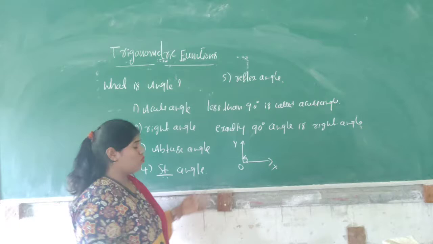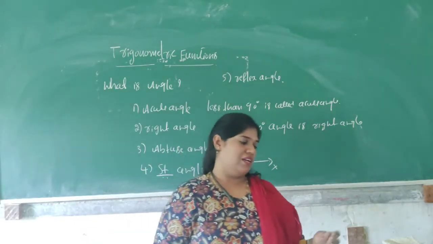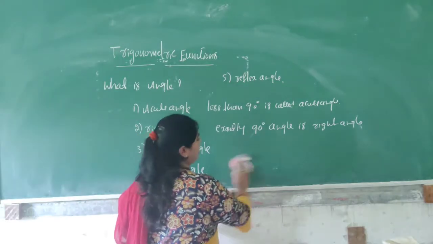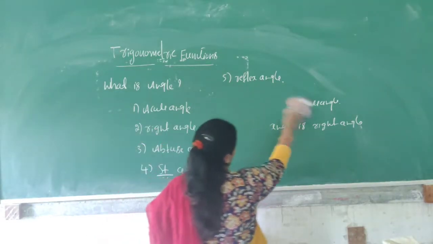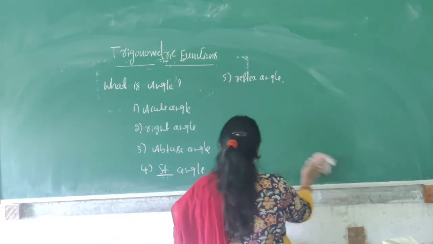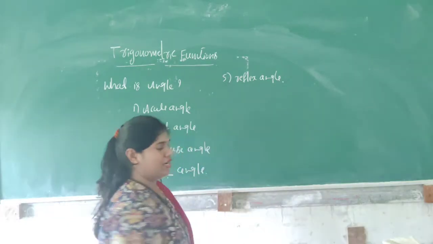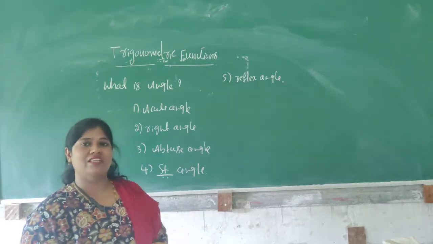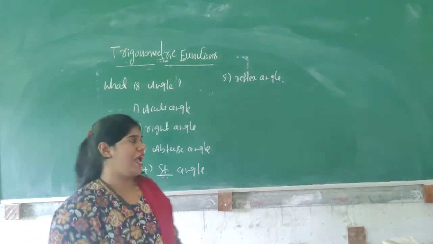Obtuse angle. It is more than 90 degree and less than 180 degree. An angle greater than 90 degree and less than 180 degree is called obtuse angle.